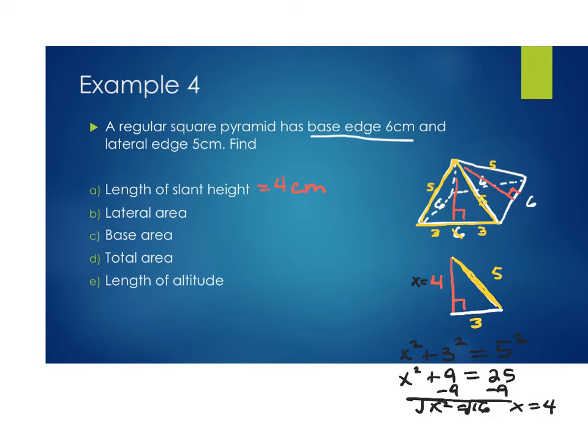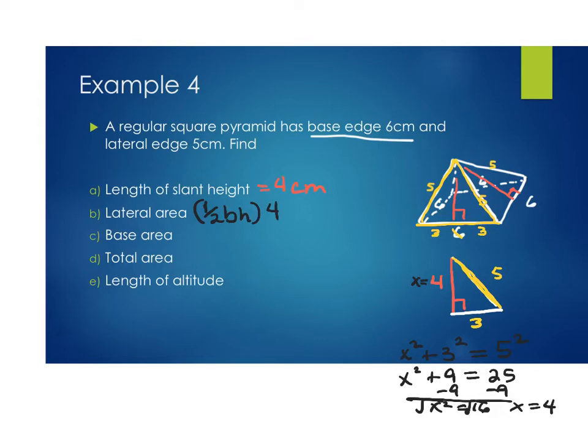The next thing is asking me to find the lateral area. Well, I can see that I have 4 triangles up at the top, so I could do 1/2 base times height, and because it wants the total lateral area, all 4 triangles, once I find the area of one of the triangles, I'll multiply it by 4.